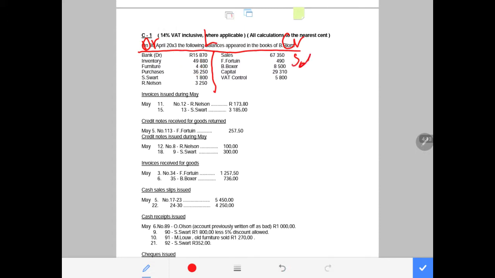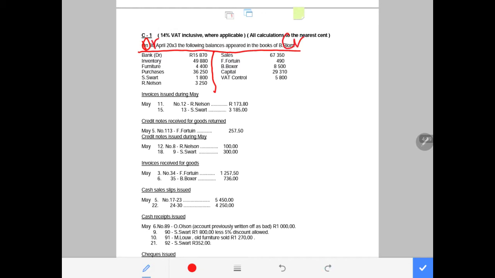We have our sales, we know that sales increase on the credit side, and we have our creditors where we bought inventory on credit from our suppliers, and we also have VAT control, meaning we are owing SARS an amount of 5,800. Although this information looks as if it's presented randomly, it is well structured.